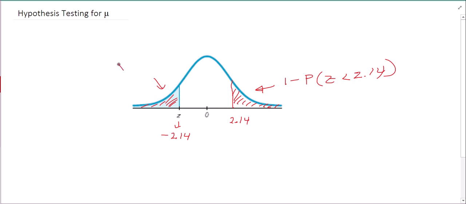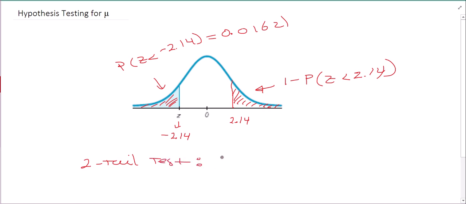So I can just look up already this probability, and what I got by looking at our table was 0.0162. So for a two-tailed test, I do 2 times that value, 0.0162, and when we do that by hand, 2 times 2 is 4, and so I get 0.0324. So this will be our two-tailed test.